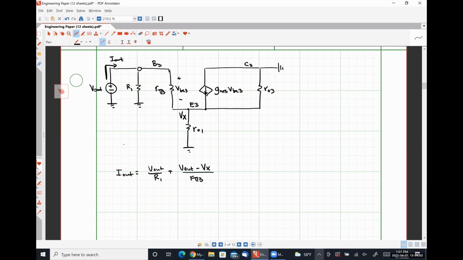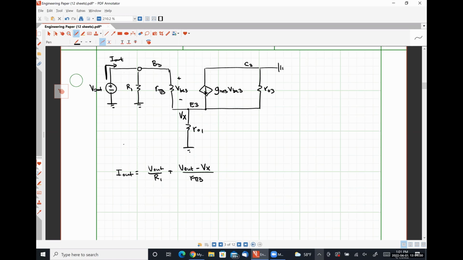I'm thinking about applying KCL at the emitter node here to see what falls out. So what I mean by that is we have a current of V out minus Vx over R pi 3 flowing in.